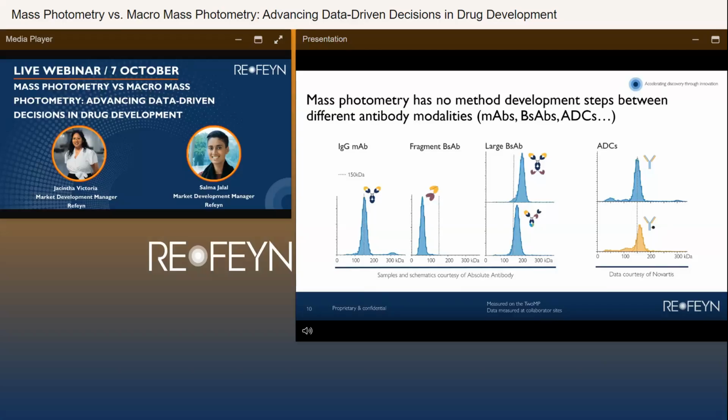Because of MP's wide buffer compatibility and the measurements being column-free, we only require one universal optimization step when you do a measurement. All you have to do is dilute onto the instrument. And as you can see, all of these samples, monoclonals, bispecifics of different size, and ADCs, have been measured on a 2MP using the same methodology, so just being diluted in PBS.